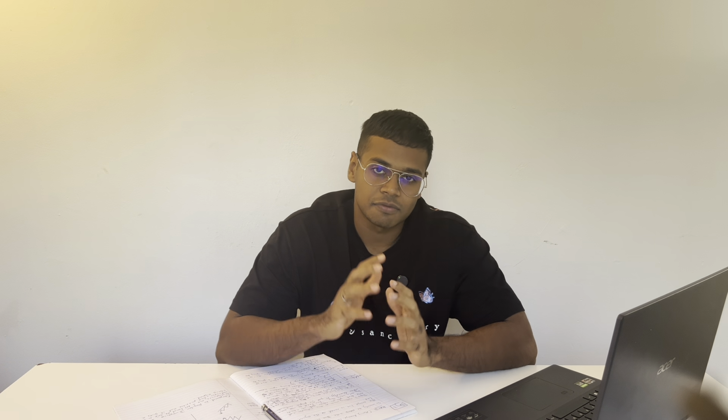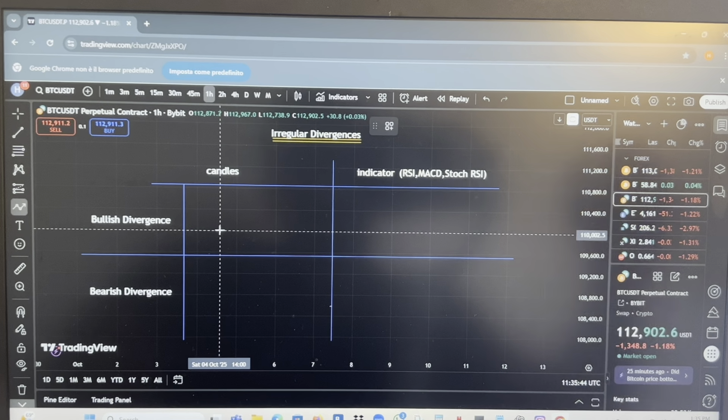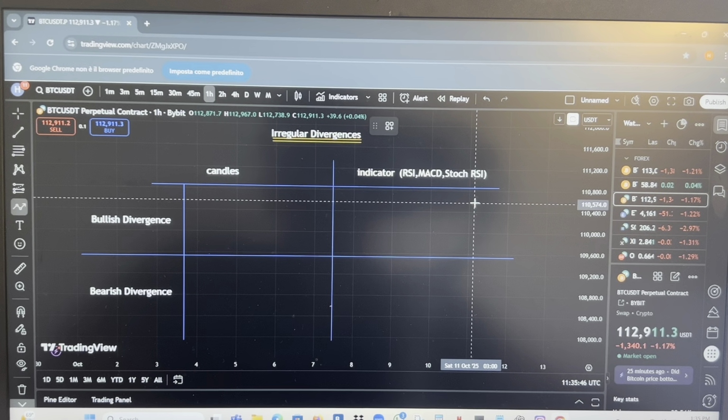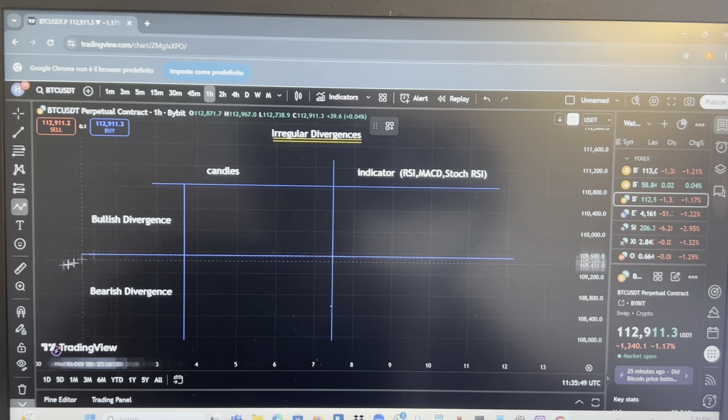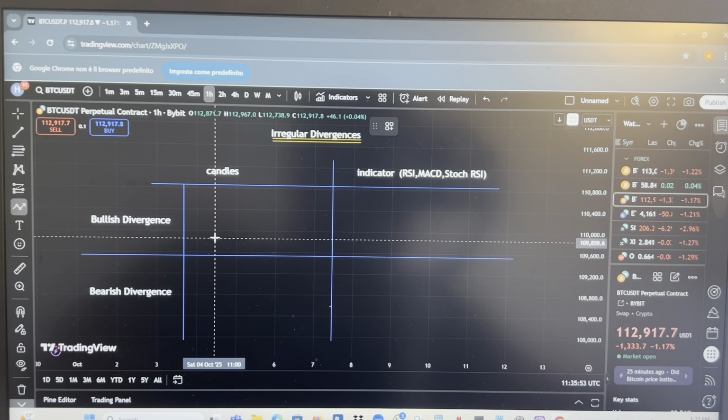Let me sketch this out real quick, to give you guys a basic idea of what irregular divergences are. Okay, so I made this sketch, like a graph. It's really easy for you guys to understand when I draw it out.